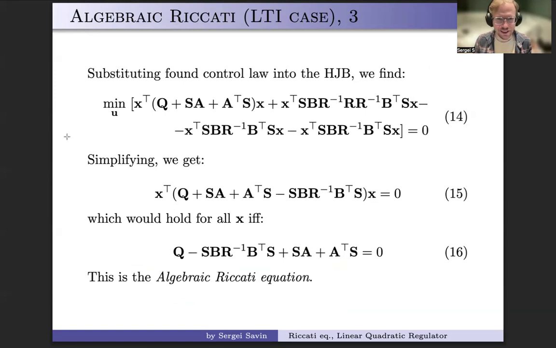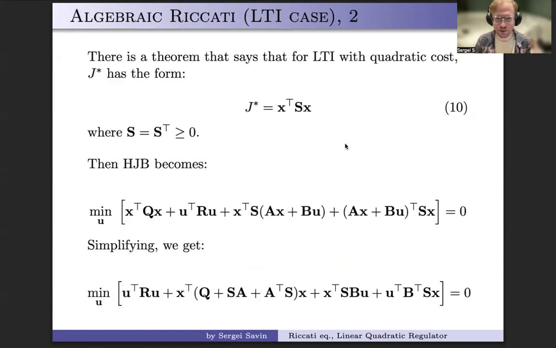All right, let's see how to find S. So the way we will do it is, let me go back. We will substitute, instead of U, the optimal control that we found. So instead of U, in all of those cases, we will substitute what we found.